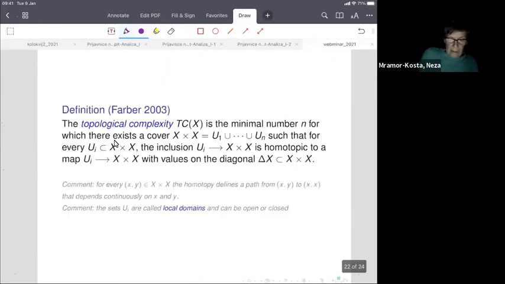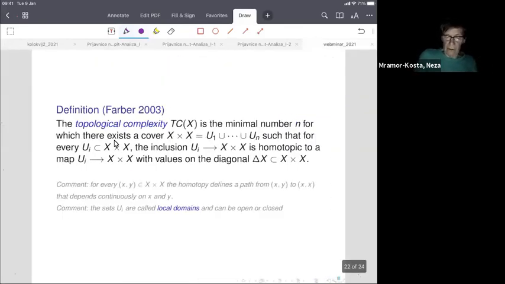And due to that, this was the motivation for the definition of topological complexity, which is the minimal number of subsets of the product X by X, such that we have a continuous motion planner on each one of these subsets. These subsets are called the local domains, and we want to have a continuous algorithm on each one of them. So our motion planner will really be subdivided into n algorithms.